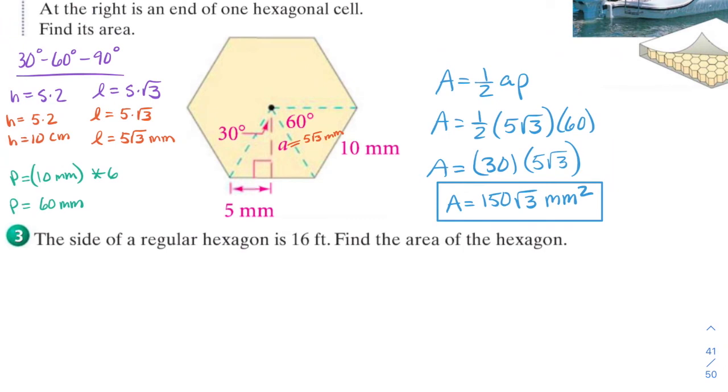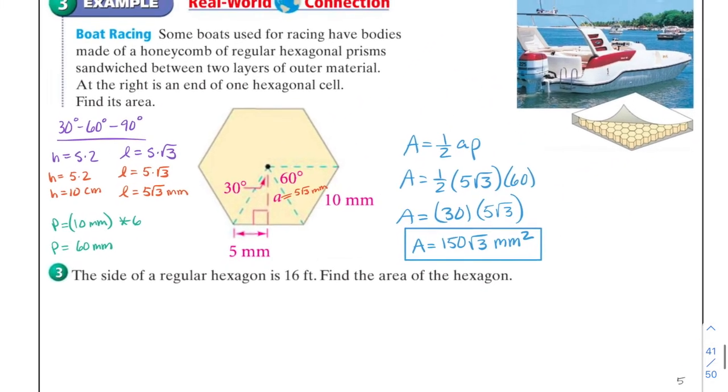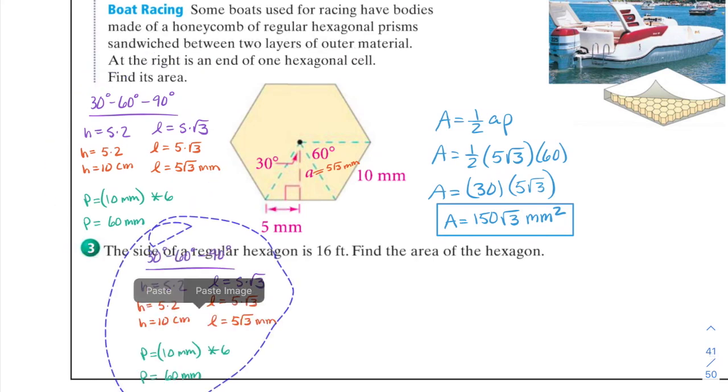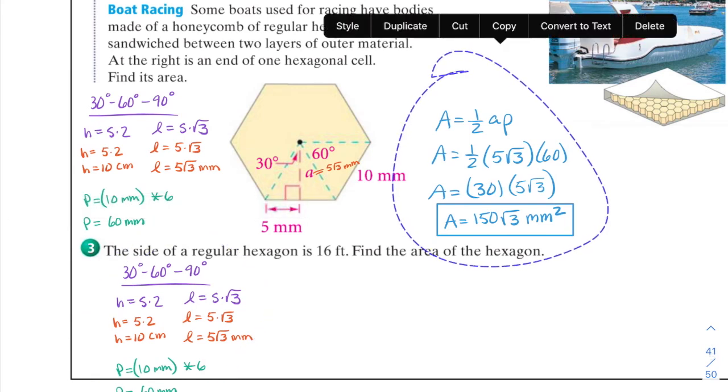All right. And that is it for that problem. So the last one is a hexagon with a side that has 16. Find the area of the hexagon. So I'm going to copy and paste this because this is fine. I'm just going to change my numbers because it's the same thing with different numbers. All right.